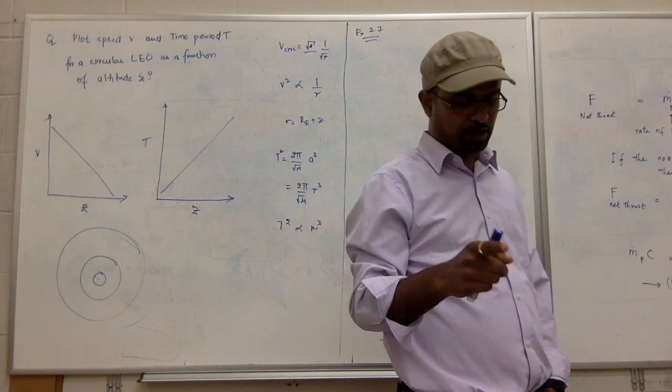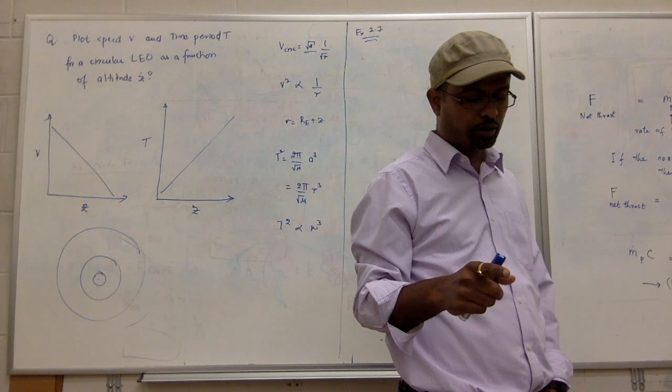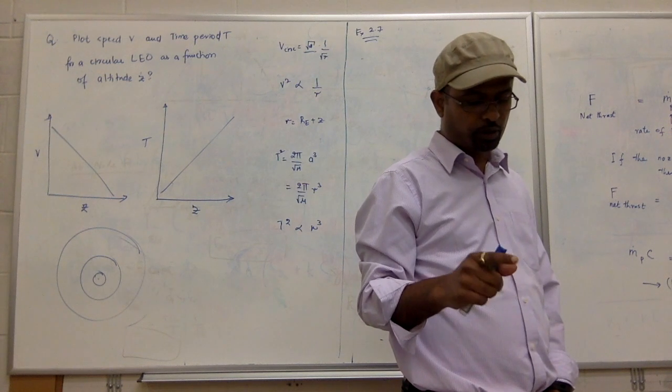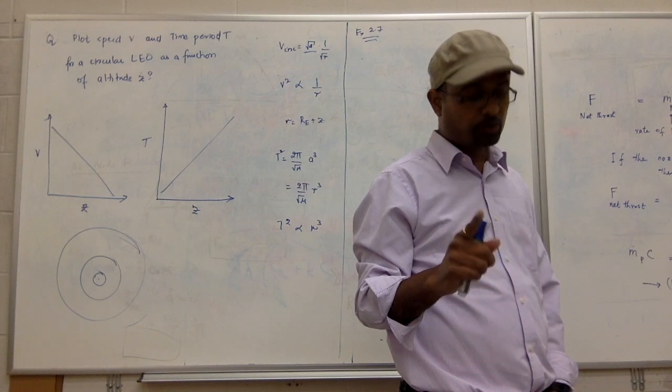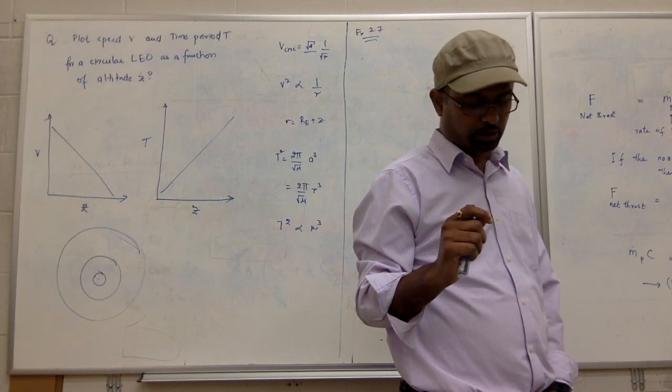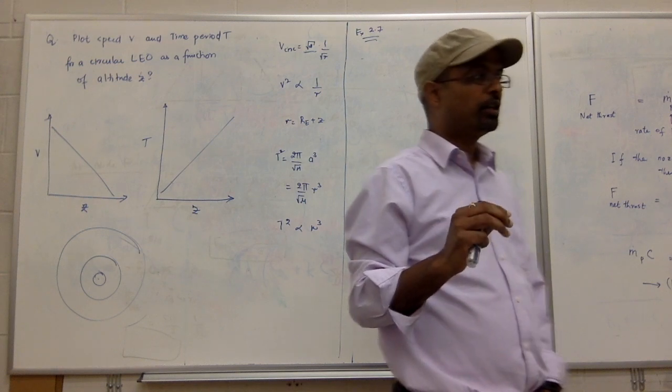An Earth satellite is in an orbit with a perigee altitude of 400 kilometers and an apogee altitude of 4,000 kilometers. Find each of the following.